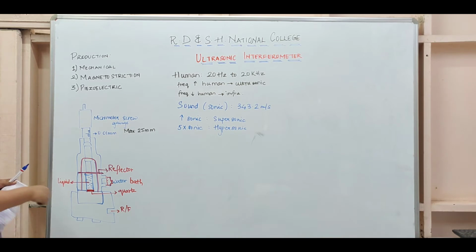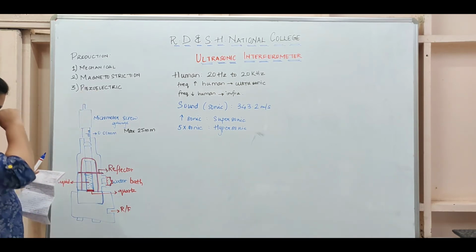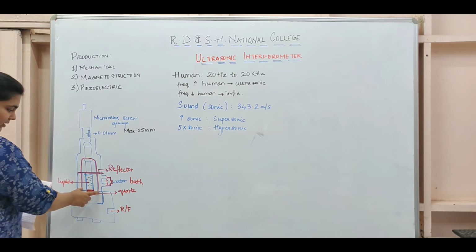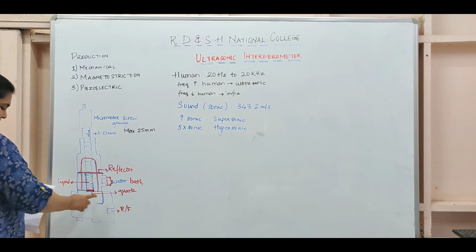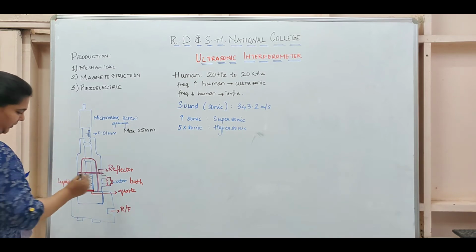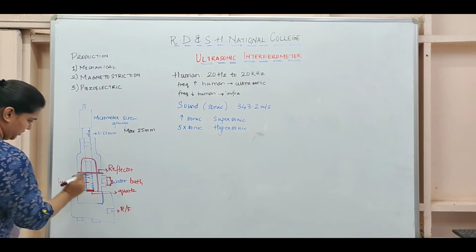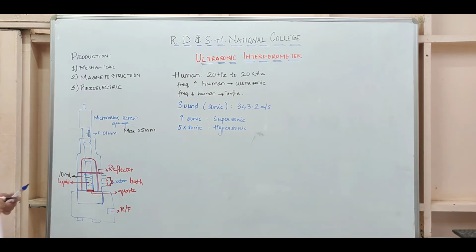Basically we are producing ultrasonic waves using the piezoelectric method. This is a double-walled cylinder made of chromium, and it can hold up to 10 ml of liquid. So for whatever liquid you use in these ultrasonic experiments, the maximum quantity you can put in is 10 ml.